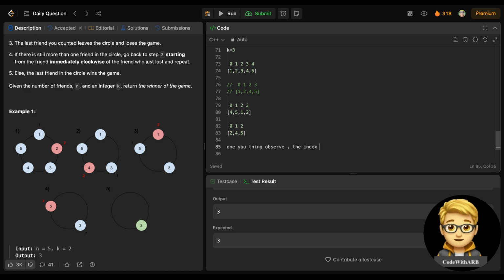the index is changing after each removal, and the index is changing by k. Why am I telling k? When we remove this 3, this fourth number is at the third index, so this 4 now becomes 0, and all numbers are decreased by 3, right?